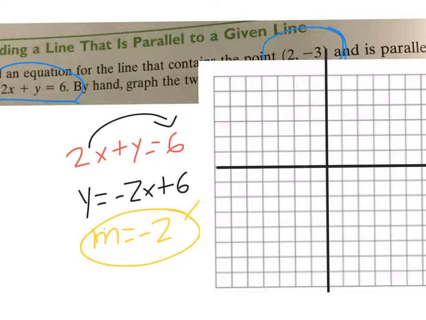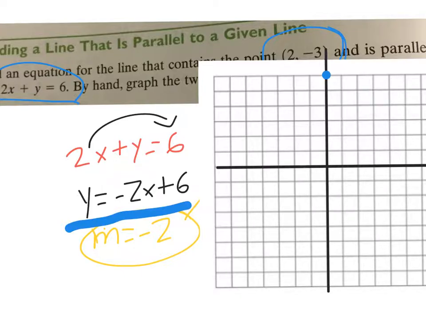Okay, first, let's graph the line that my line is parallel to. We got it in slope-intercept form here, so it has a y-intercept of 6. Oh, that's the very top. I place that there.